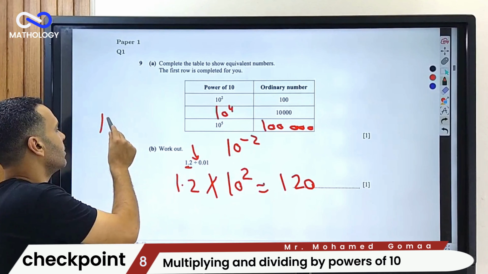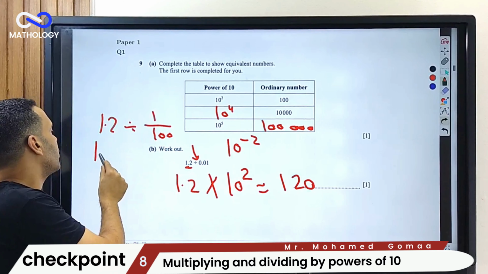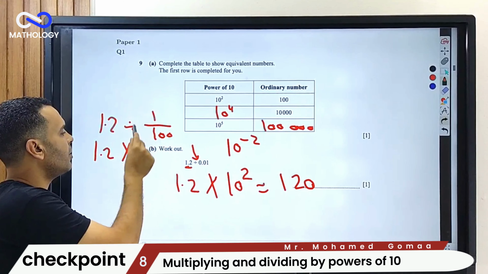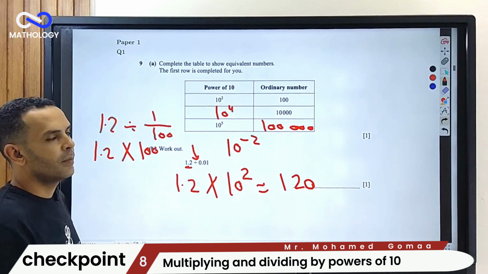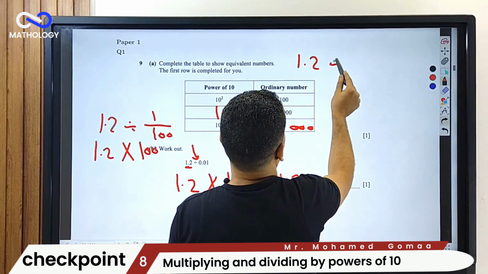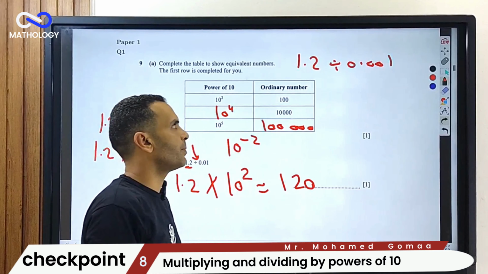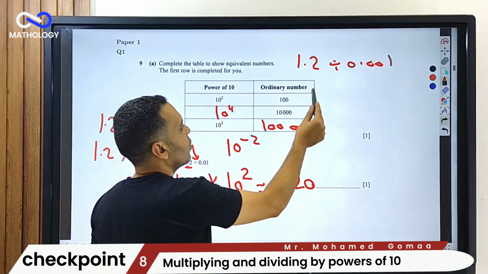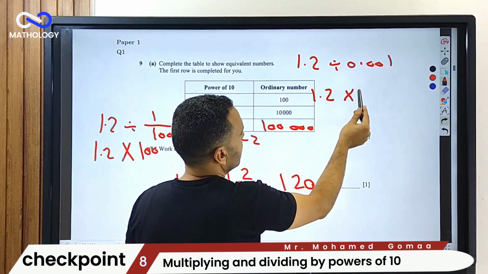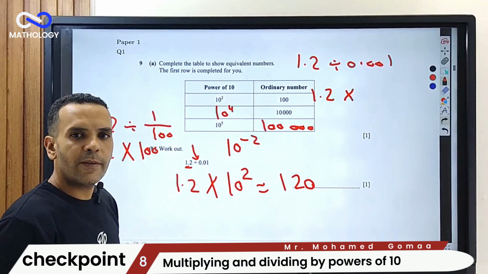0.01 means 1 over 100. Make it 1.2 times 100 over 1. Like this. 1.2 divided by 0.001. It will be 1.2 times, since 0.001 means 1 over 1000.